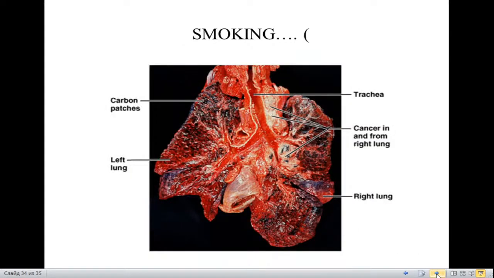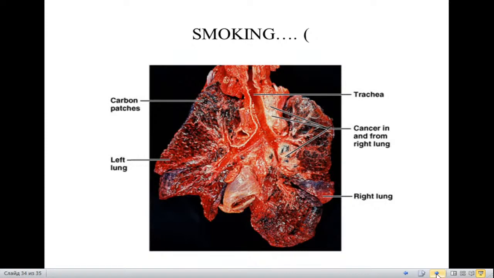And one more very important, very terrible problem is smoking. Here you can see the cross section of lungs with carbon patches and cancer of the right lung.